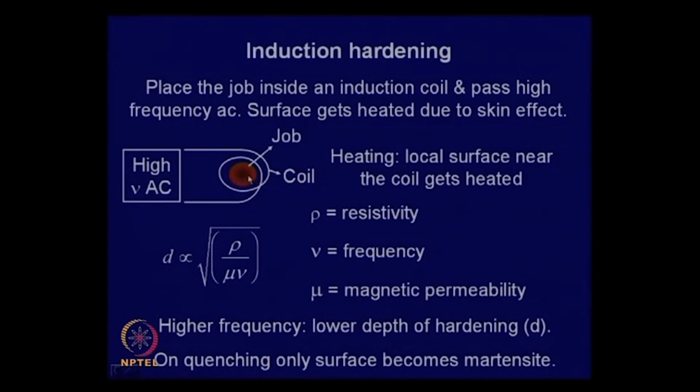This is a sectional view: the central core region does not get heated, it is the surface that gets heated, and after it gets heated, the depth of hardness will be determined. This is an expression which describes the relationship between the depth of hardening and the parameters which you can control, and what you can control is the frequency of the current.